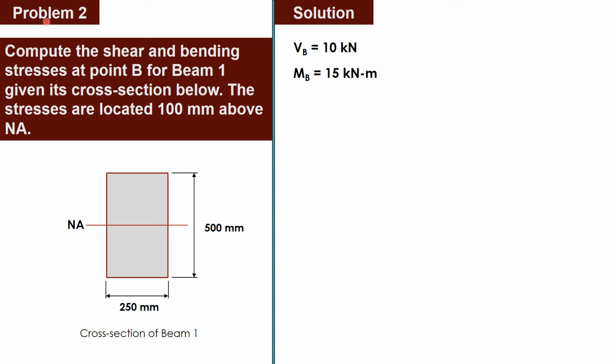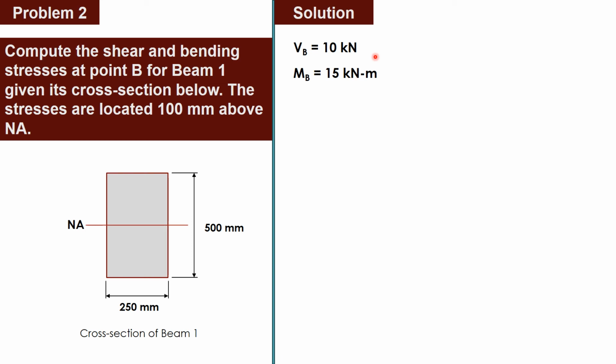So, kapag sinabi dito na compute the stresses at point B for beam 1, so doon nyo titingnan yan sa beam. Anong titingnan nyo sa beam? Yung value ng shear at ng moment mula doon sa shear and moment diagram. So, doon sa shear and moment diagram, ang value ng shear at point B is 10 kilonewton. So, kung halimbawa, class, nagkataon na sa isang point ay dalawa ang value ng shear, kunin mo yung pinakamalaking absolute value.